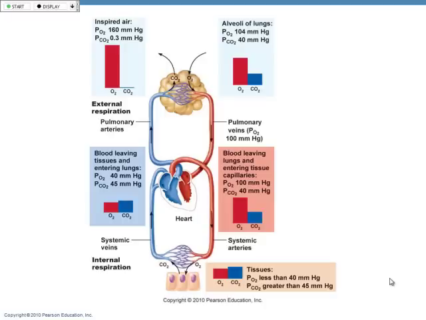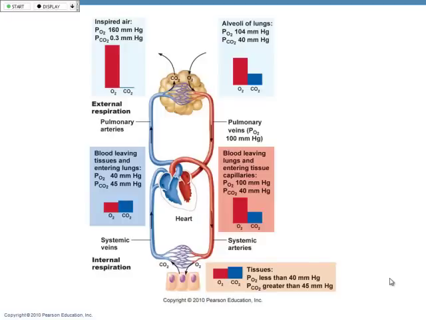So oxygen in the blood, 100 millimeters of mercury. In the tissues, what's it exerting? Less than 40 millimeters of mercury. Where is that oxygen from the blood going to want to go? From high to low. Do you see why we get exchange at the tissue level?